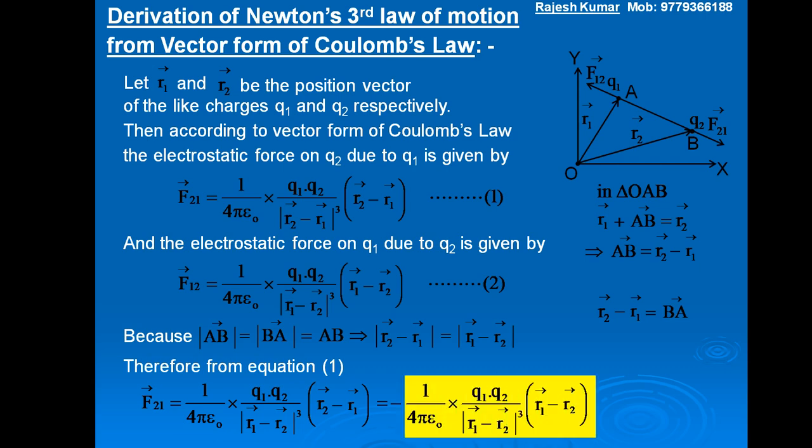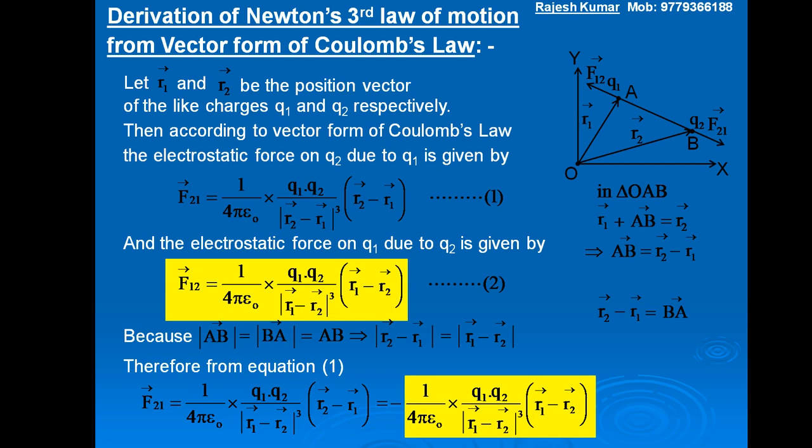Now 1/4 pi epsilon naught into Q1 Q2 upon mod cube of R1 vector minus R2 vector into R1 vector minus R2 vector is equal to F12 vector from equation number 2. So therefore F21 vector is equal to minus F12 vector.